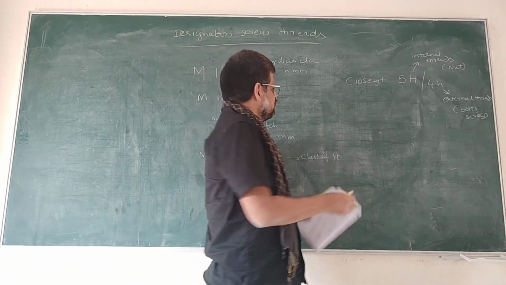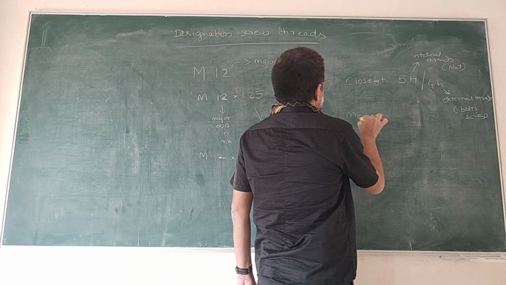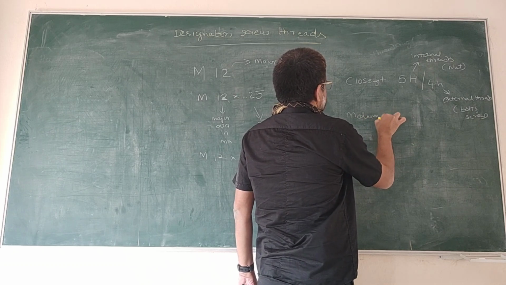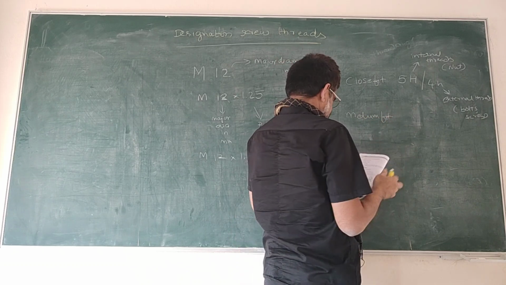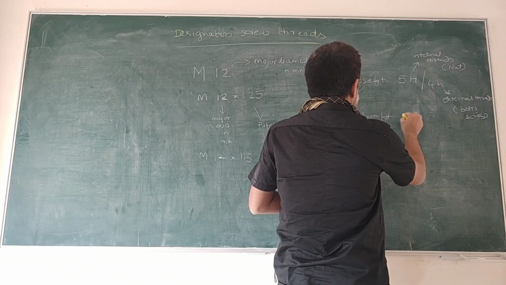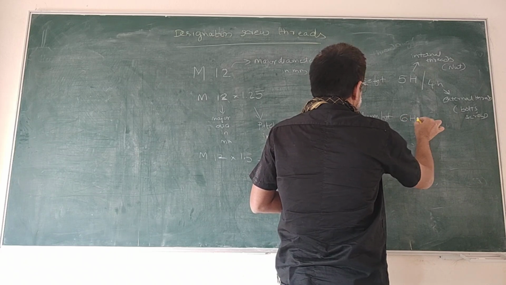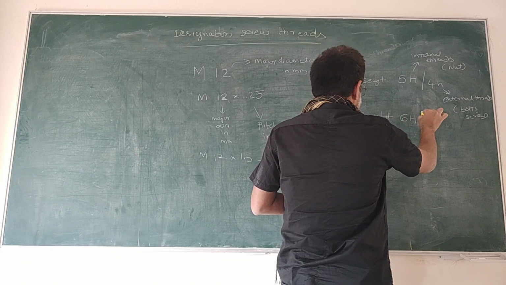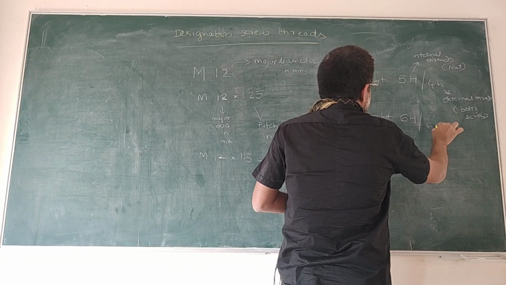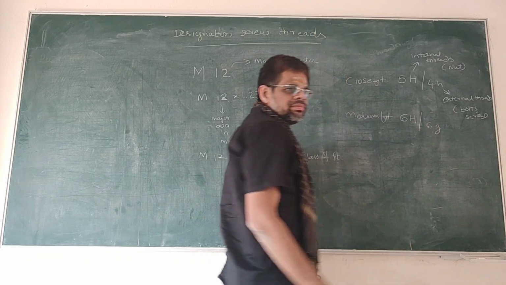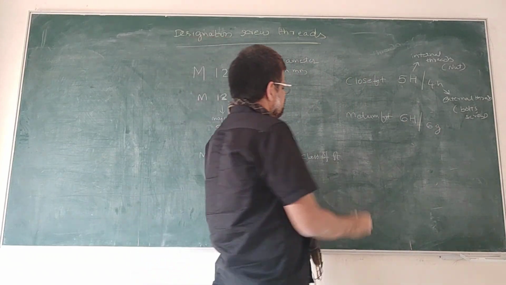And the medium fit is represented by 6 capital H. If it is a hole, it is 6H. If it is a bolt, 6 small g. And the free fit.